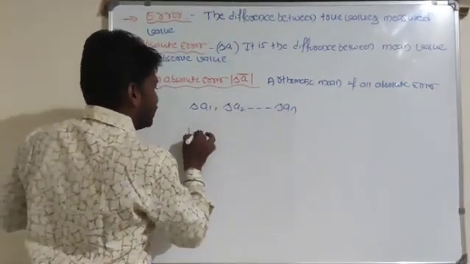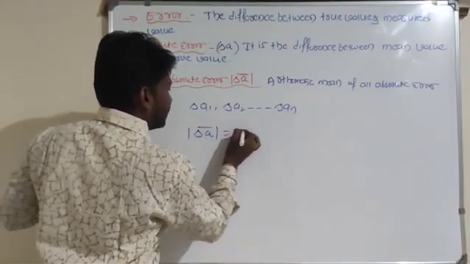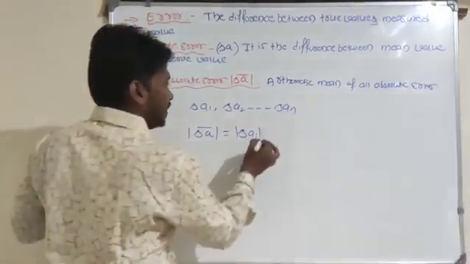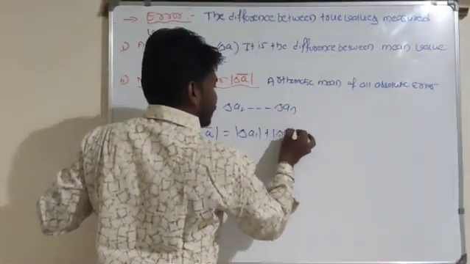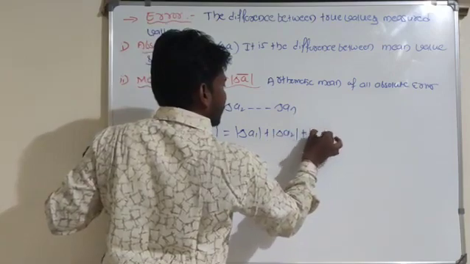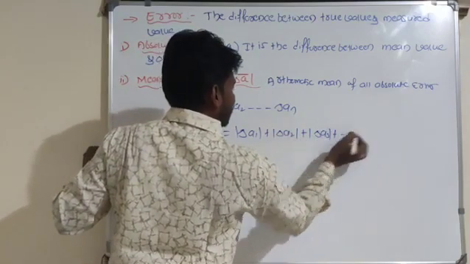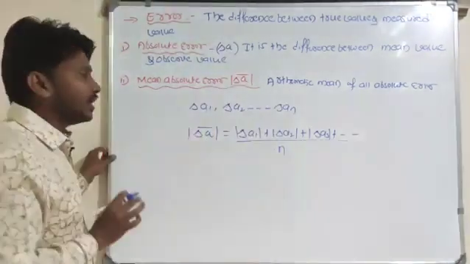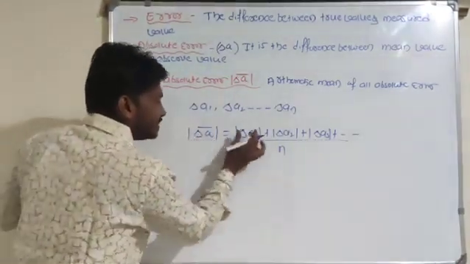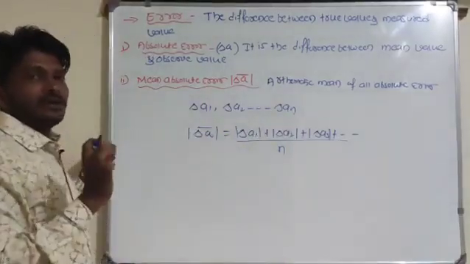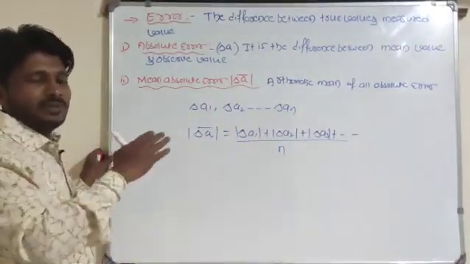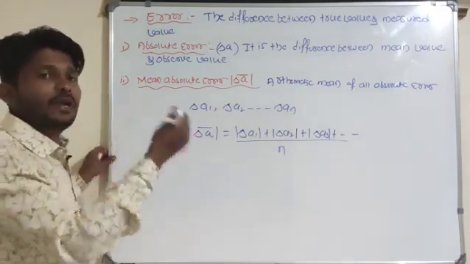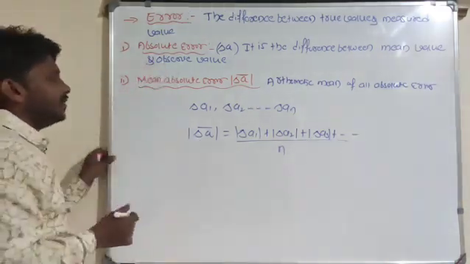So mean absolute error, delta of A bar, is equal to modulus of delta of A1 plus modulus of delta of A2 plus modulus of delta of A3 and so on, divided by n. So that is the mean absolute error, the arithmetic mean of all absolute errors. Simply, you can take it that I have to find the average value of the absolute errors.